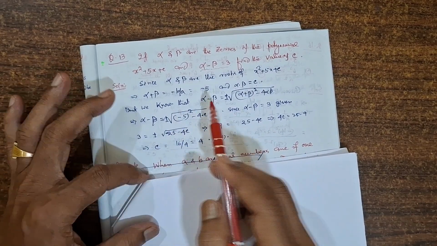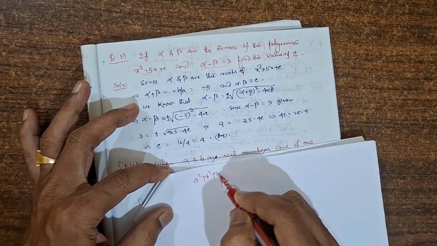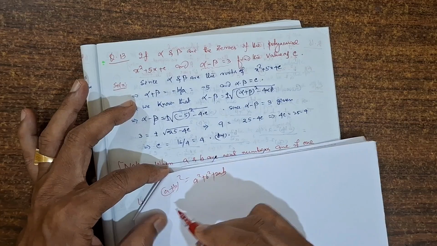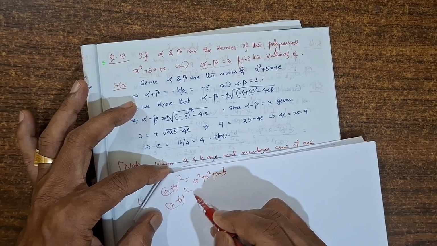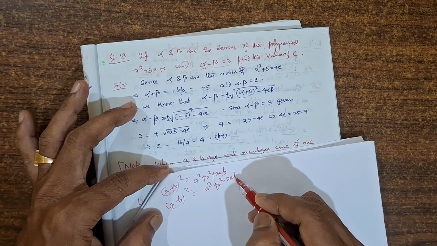Now, we know that a plus b whole square is a square plus b square plus 2ab, and a minus b whole square is a square plus b square minus 2ab.